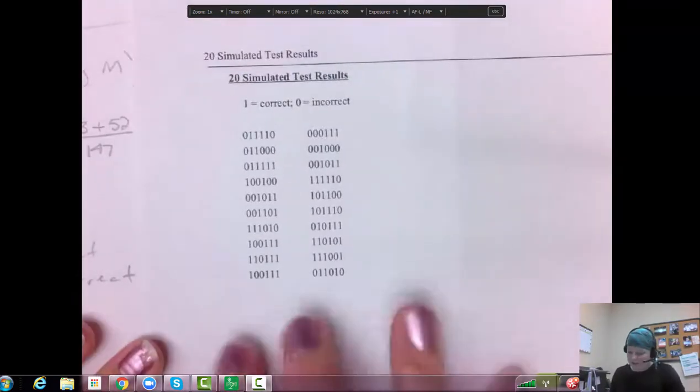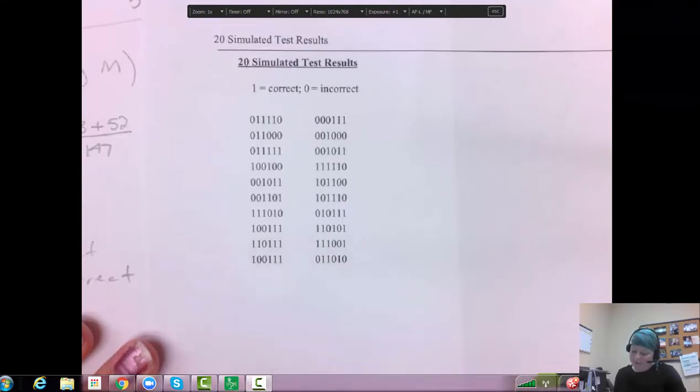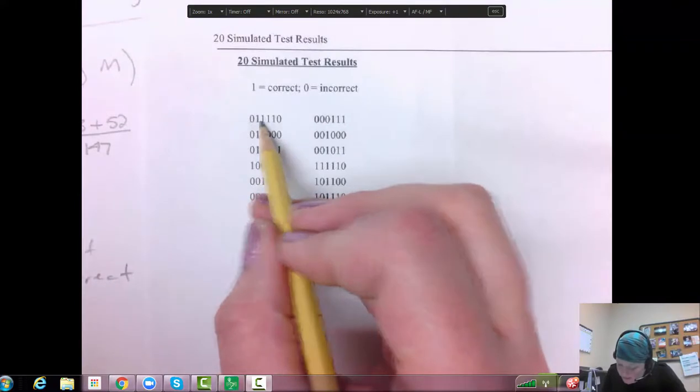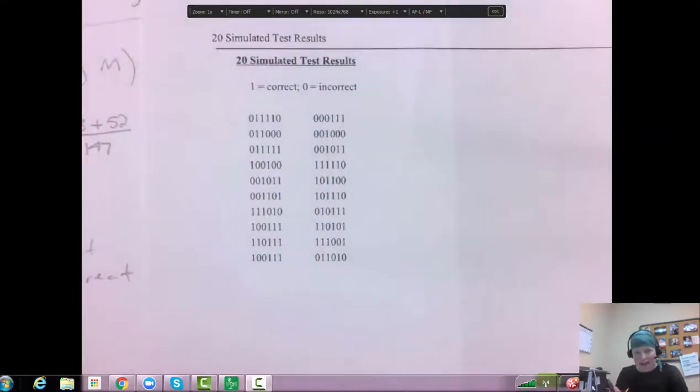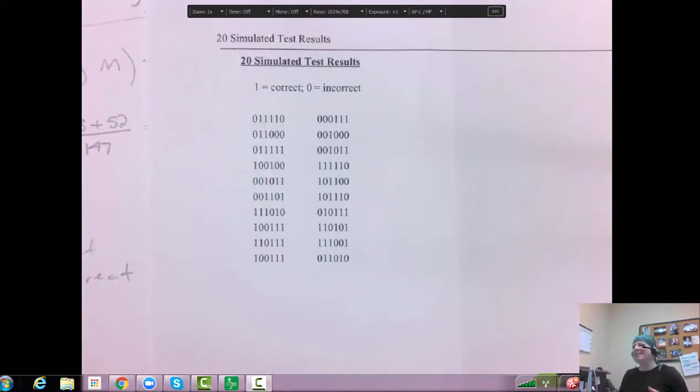I printed off their simulation results, but this time this is going to represent a 6-question test, 1, 2, 3, 4, 5, 6, and I simulated 20 different samples. So the sample space is only 20. That means I didn't do this very many times.